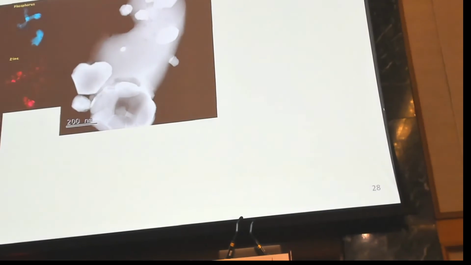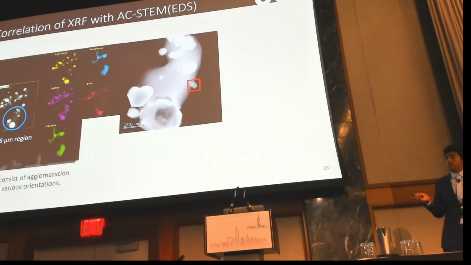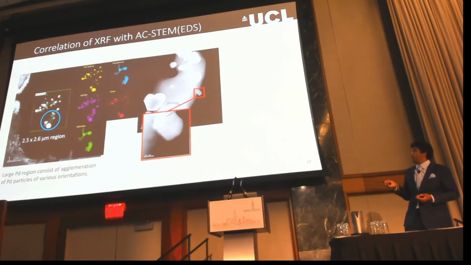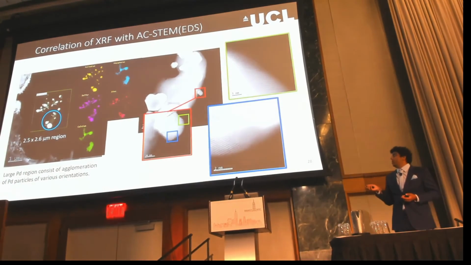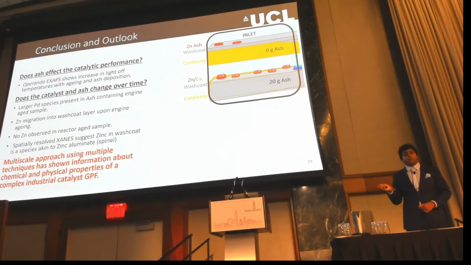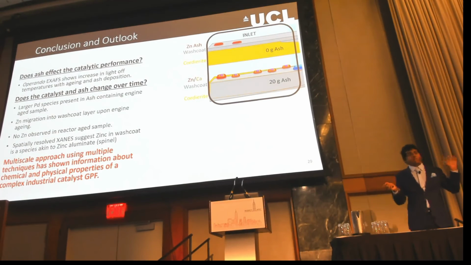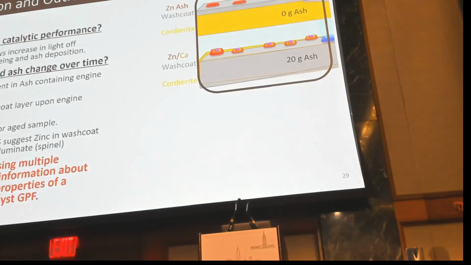Again, with the microscopy, we can zoom in a little bit more to understand what these actual speciations are. And we believe that these are agglomerations of palladium particles, which we can identify with the variation as highlighted as being present here. So hopefully I've shown you how you can take a very complicated real-life GPF and use a very multiscale approach to understand the system.